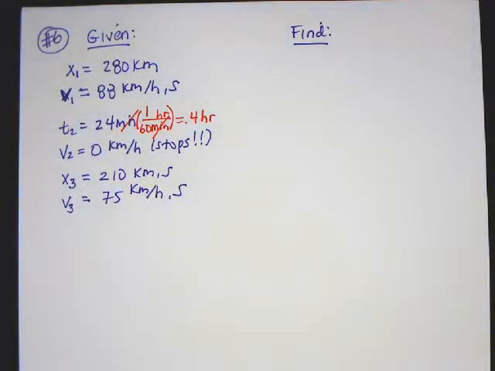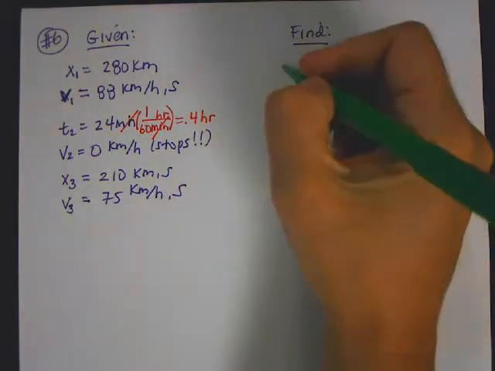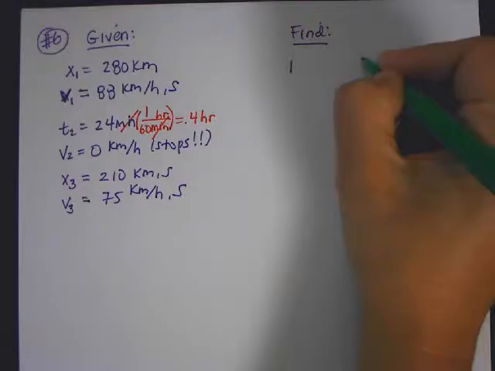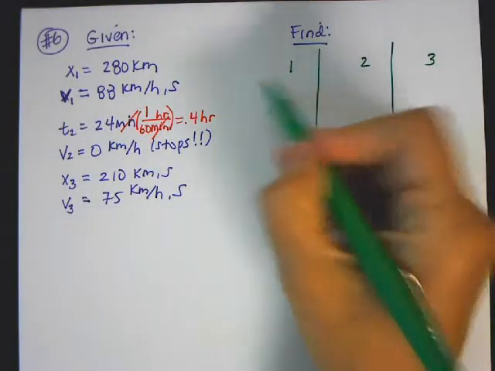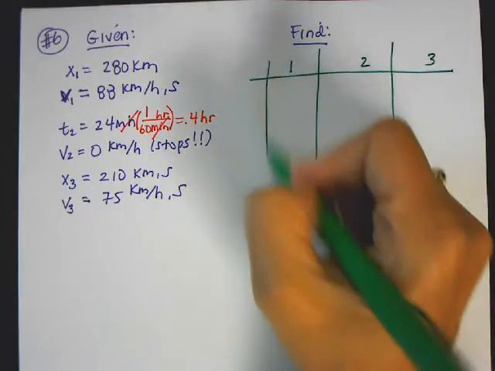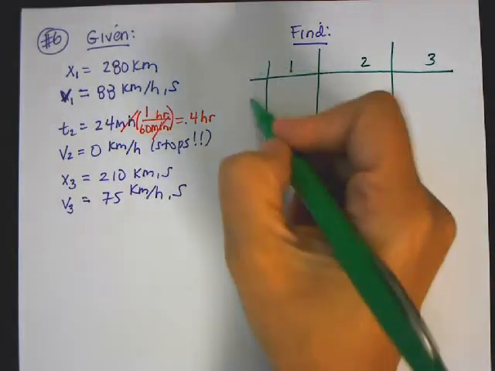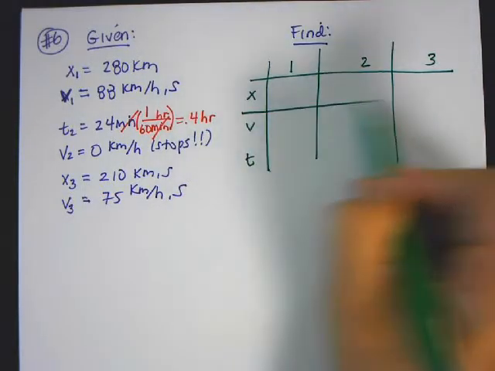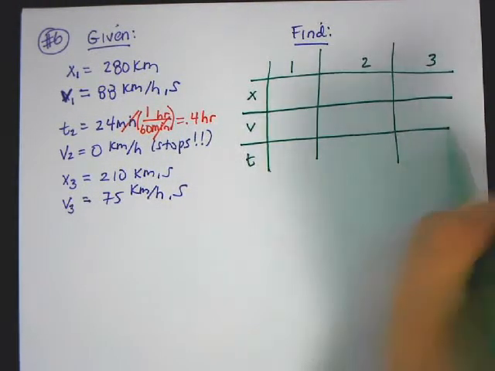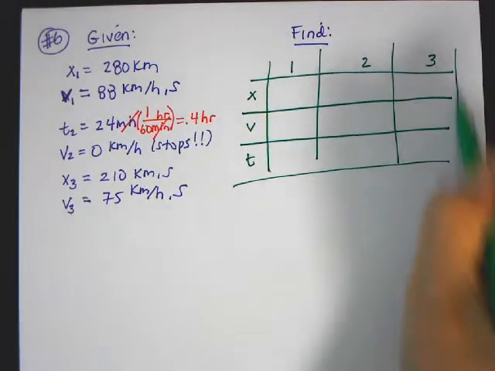Now what I didn't do before is, I think to help you conceptualize, my trip has 3 segments. I'm going to call them 1, 2, and 3. And for each of my 3 segments, I can then talk about my displacement, my velocity, and my time. And I think by looking at it this way, it's going to help me to understand this problem.